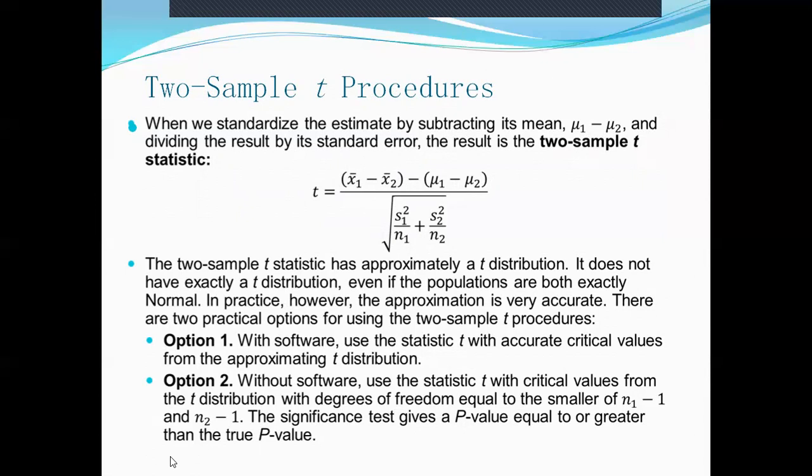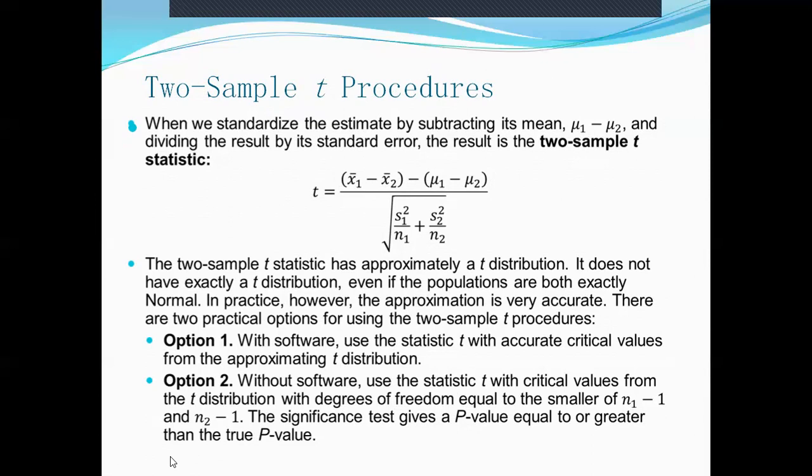The two-sample t-statistic has approximately a t-distribution. It does not have exactly a t-distribution, even if the populations are both exactly normal. In practice, however, the approximation is very accurate.